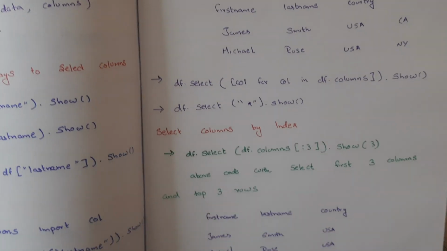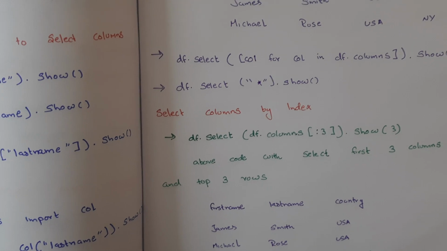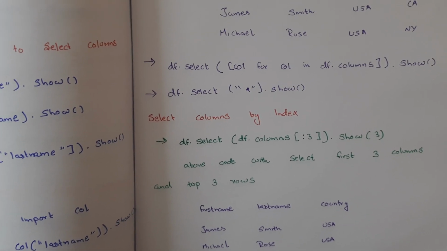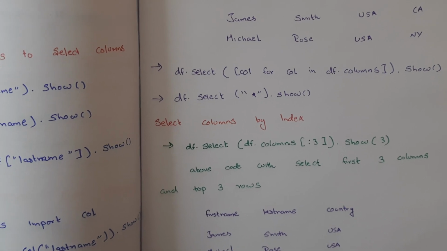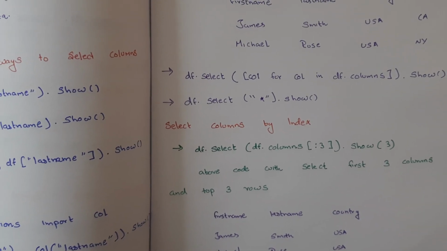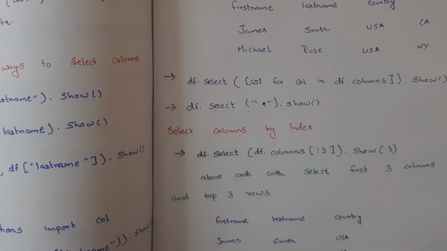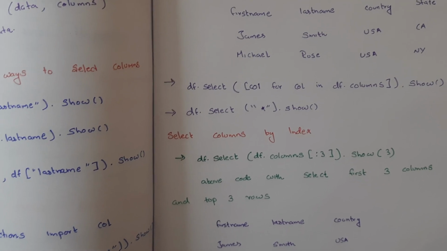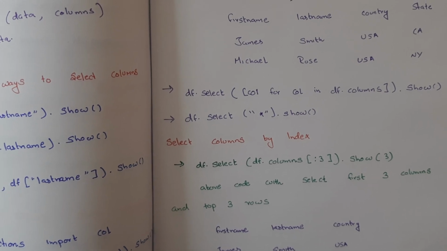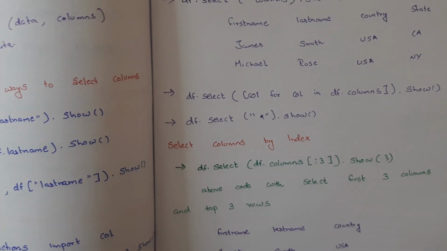Selecting the columns by index. To select columns by index, df.select, and inside the function df.columns, which has all the column names in an array. What we are mentioning here is the index position, colon 3. So from the start to the third column name, and show(3) will print only the first 3 results.